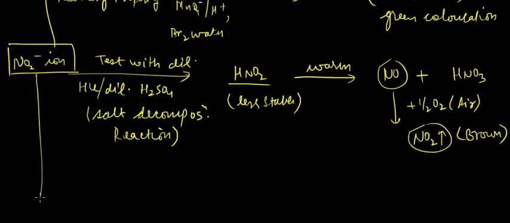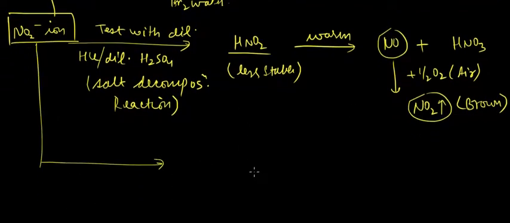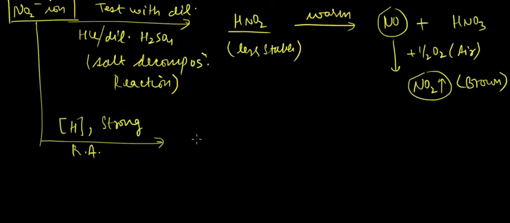Next we react NO2 minus ion with a strong reducing agent. H is a strong reducing agent, so nascent hydrogen converts it into a basic gas, which is NH3.